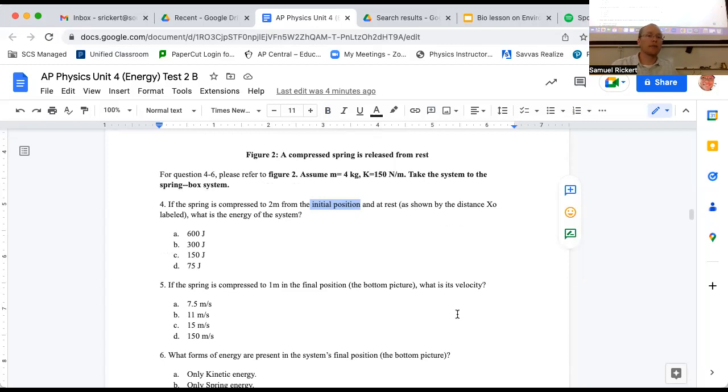So we plug back in. We notice that even though we're half the distance, we've lost 3/4 of the energy, because that's how springs work. And we plug in: 1 squared is 1, 1/2 of 1 times 150 is 75 joules. So we still have 75 joules from the spring. We started with 300. So we have 225 joules available for us to go.